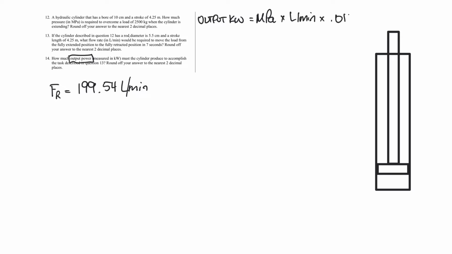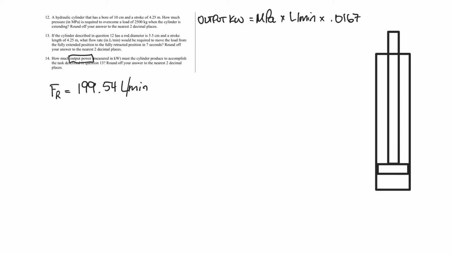But otherwise, we figured out the flow rate that was going to be required was going to be 199.54 liters per minute. Okay? And so already we have our flow rate. And why does that matter? Well, because our output power in kilowatts, the formula we're going to use is actually MPa, so megapascals, so the pressure, multiplied by our liters per minute, multiplied by 0.0167.